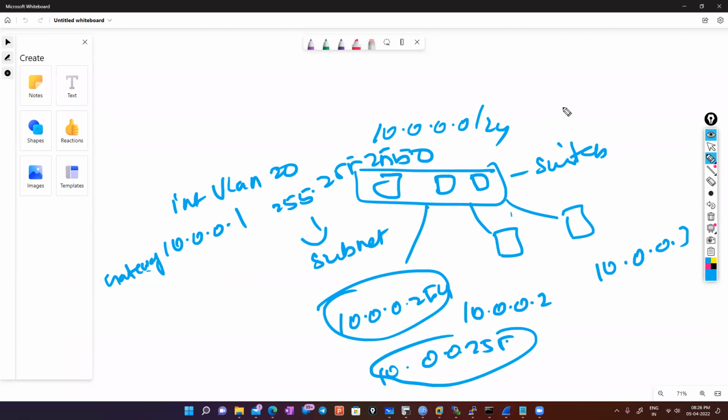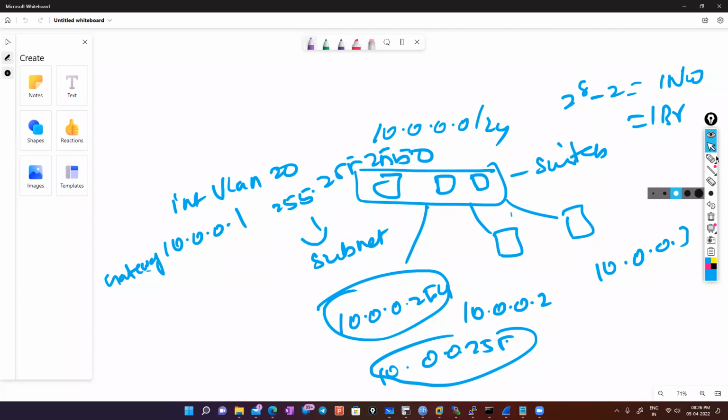That's the reason we calculate 2 power 8 minus 2, because one is for network and one is for broadcast. So this is the ideology of subnetting. A basic high-level overview of what subnetting is and how we derive these details, how this calculation has been done so far.